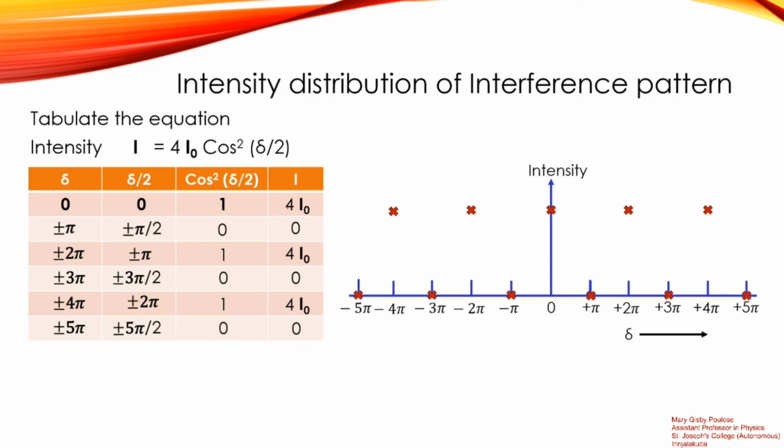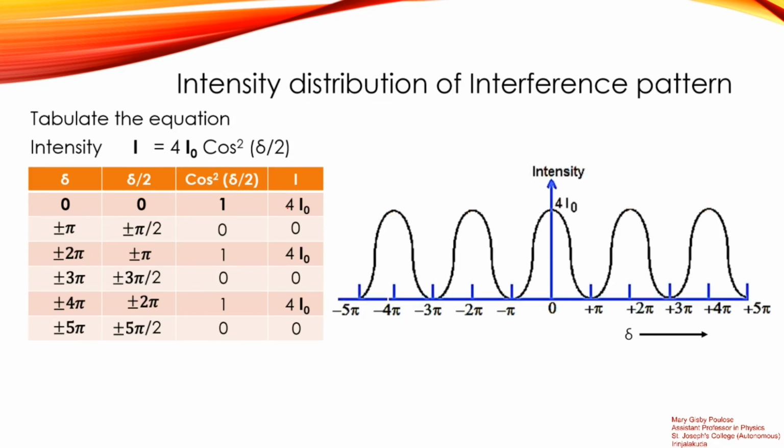Now, if we plot a line passing through all these points in a continuous manner, we get a pattern like this. Here we can see that alternate maximas and minimas are distributed, right? And these maximas and minimas are equidistant from each other too. So this is the nature of the curve that we obtain by the interference due to two light waves.